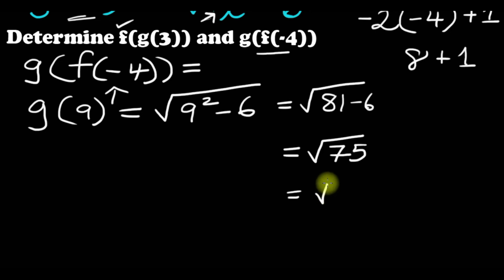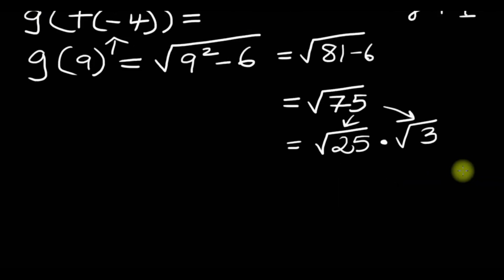How about we use 25, because that's a perfect square, times square root of 3. 5 times 5 is 25, so that would be 5, and then bring down the square root of 3.